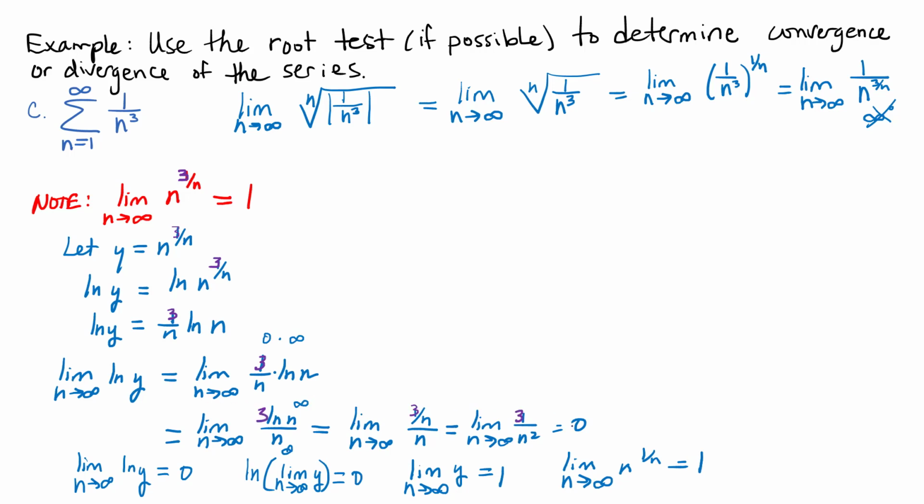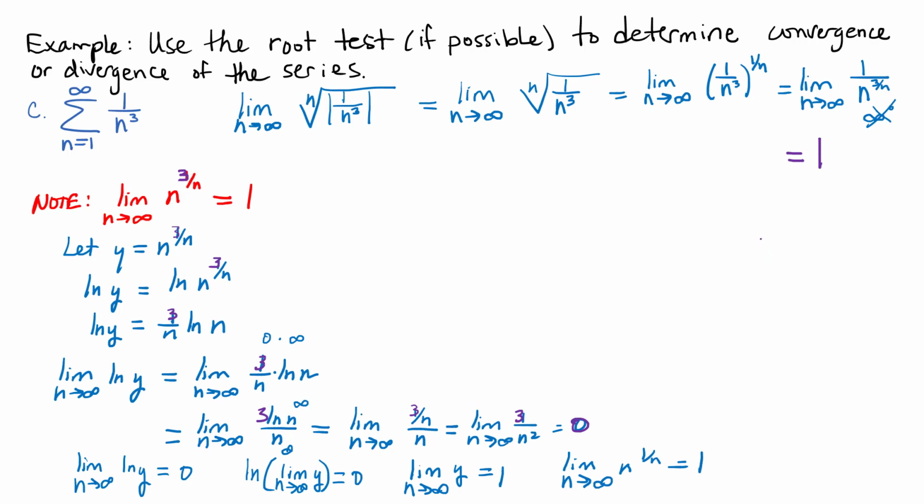It would still go to 0. In fact, you could have any constant over n in that expression, and you're still going to get 1 for the limit. So what that says is that this limit as n goes to infinity of 1 over n to the 3nth power is going to be 1.